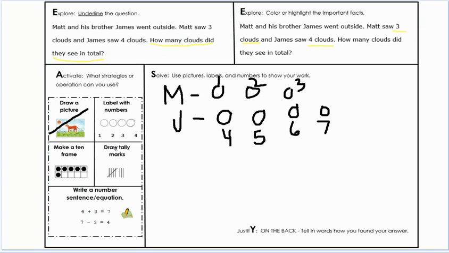All right, so now we labeled with numbers, okay? And we found out that our total is 7, okay? So another strategy that you could also do is a 10 frame, okay? So this is just one strategy and labeling them as another strategy. And for me, the easiest way to make a 10 frame is to make 6 lines.